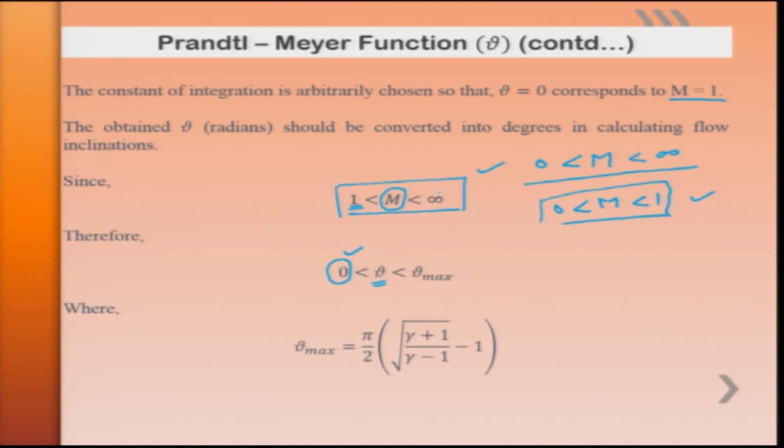However, for Mach number infinite, or in the real sense very large, the nu maximum can be calculated, and this value of nu maximum is found to be pi by 2 times the bracket of square root of gamma plus 1 upon gamma minus 1, minus 1.